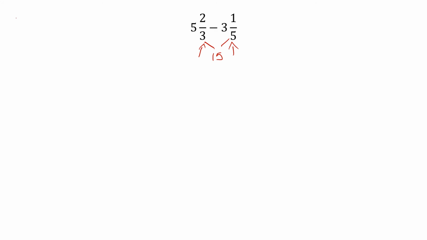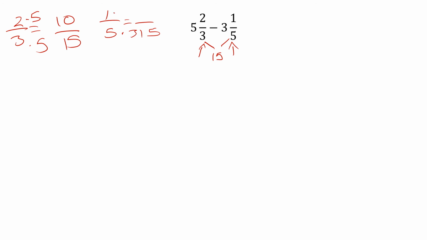So let's do that. 2/3 to a denominator of 15. We multiply 3 by 5, so we'll multiply the 2 by 5 as well to get 10. And then 1/5 to a denominator of 15. We'll multiply 5 times 3, and we'll do 1 times 3 as well to get 3 over 15.